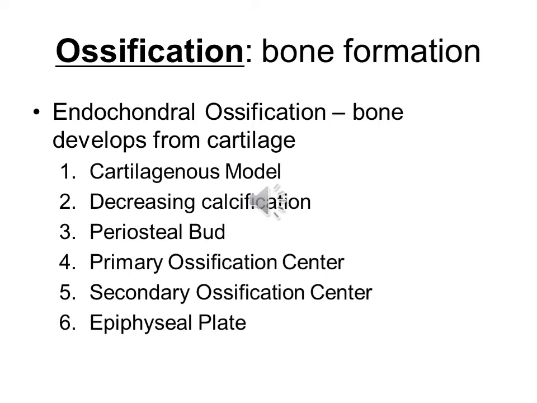Then we have our periosteal bud. It's going to invade the internal cavities and spongy bone is going to form. This happens at about month 3-ish. This periosteal bud is a collection of different elements containing a nutrient artery and vein, nerve fibers, red marrow elements, osteoclasts.